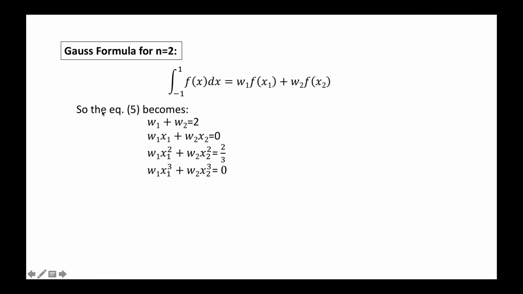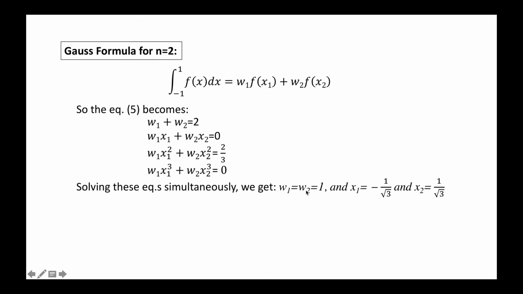Now equation 5 of the previous slide becomes w1 plus w2 is equal to 2, w1 x1 plus w2 x2 is equal to 0, w1 x1 square plus w2 x2 square is equal to 2 by 3, and w1 x1 cube plus w2 x2 cube is equal to 0. Since we have 4 unknowns here for n is equal to 2, w1 and x1, w2 and x2, we have 4 equations. Solve them simultaneously.